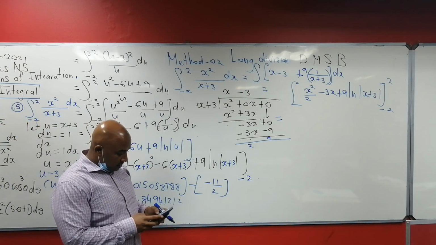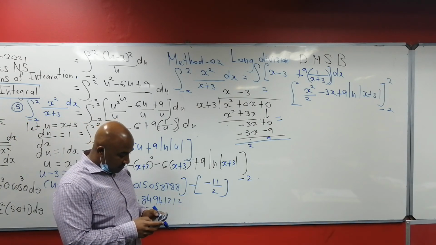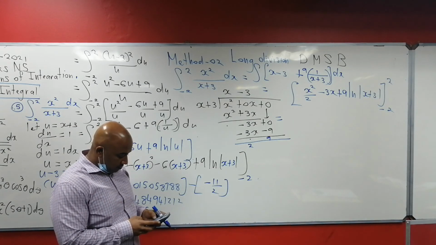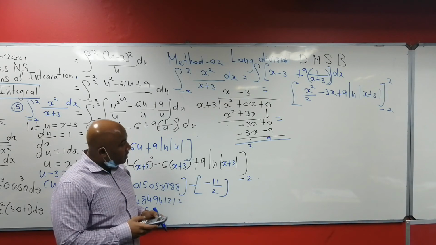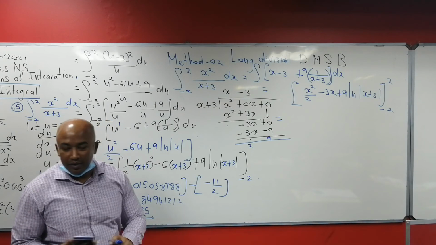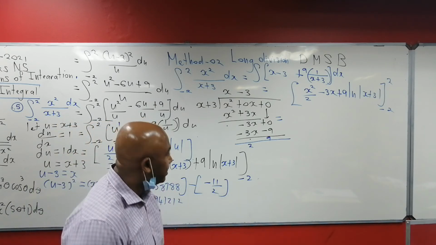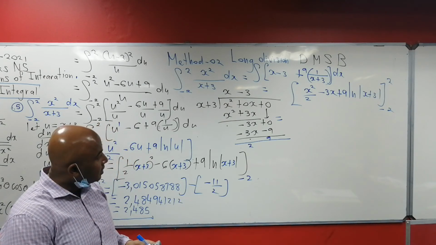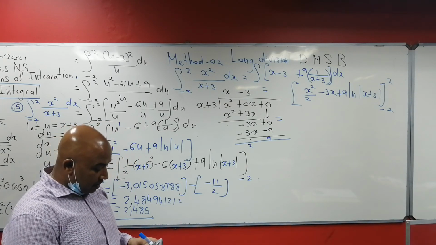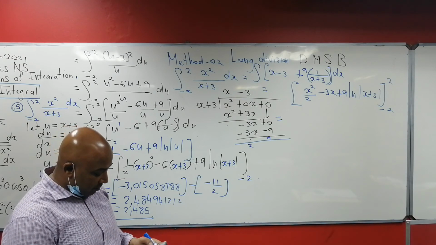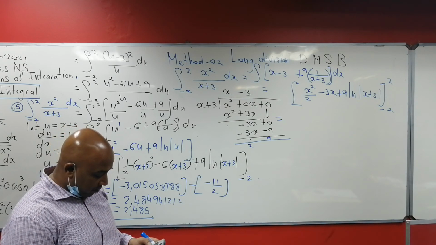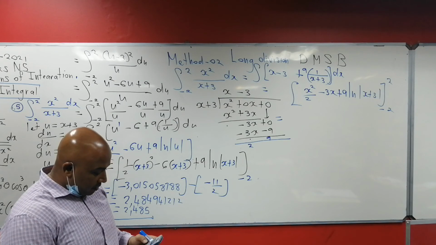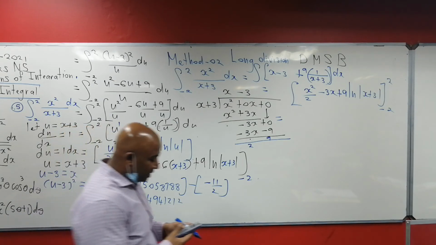So let me type this out. There's no trigonometry, so it doesn't matter whether your calculator is in degrees or radians. So that's half x squared minus 3x plus 9 ln of x plus 3. Right, so what are we substituting? 2 first.